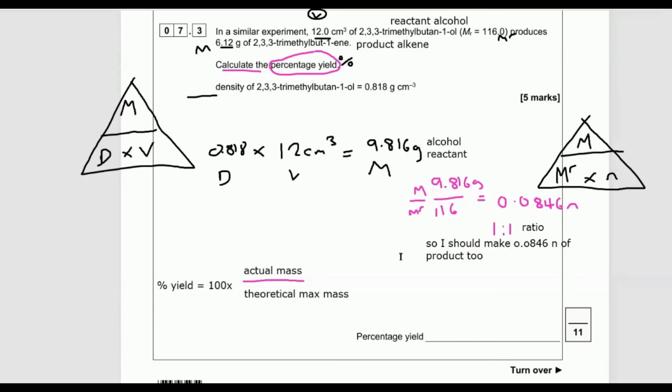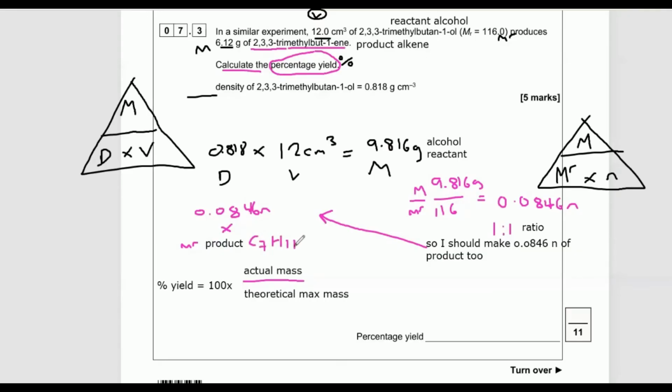Now all we need to do is work out the Mr of the alkene, and we can do the Mr times the moles to find the expected theoretical maximum mass of alkene we should have produced. The moles is 0.0846. Now we need to work out the Mr. The alkene is 2,3,3-trimethyl, so it's got three methyl groups, that's three carbons, and but-, and it's an -ene.